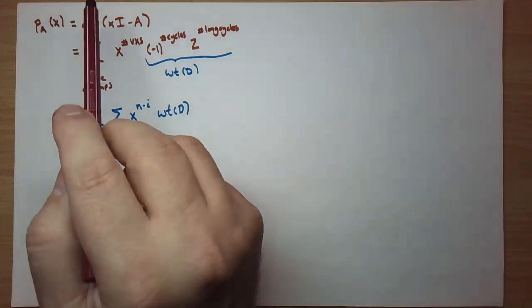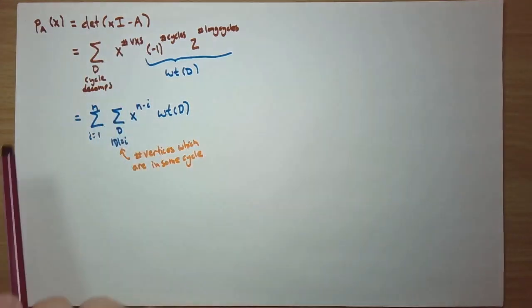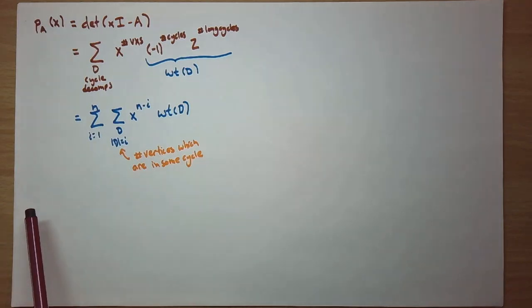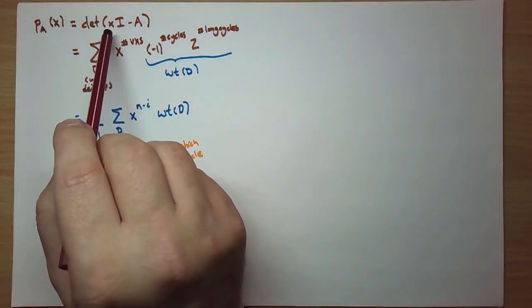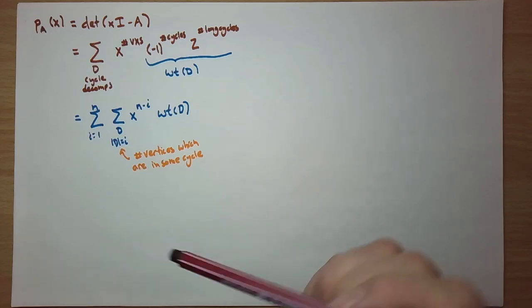Some people don't care if it's xI minus A or A minus xI, but there are people in the math department who will fight you if you don't have the xI first. So to avoid any conflict, we will follow that convention.